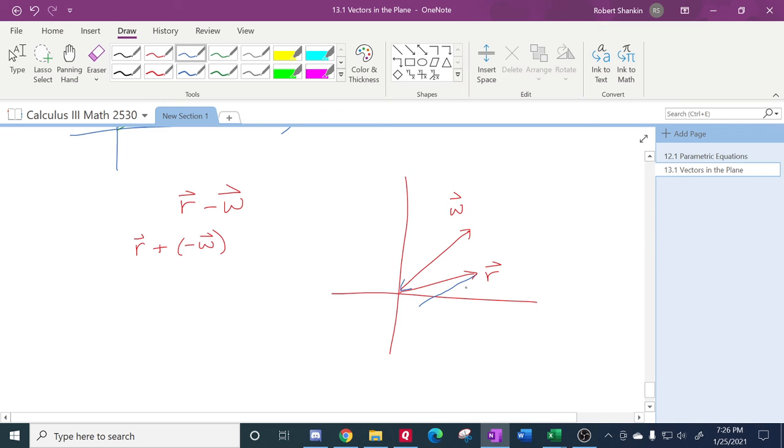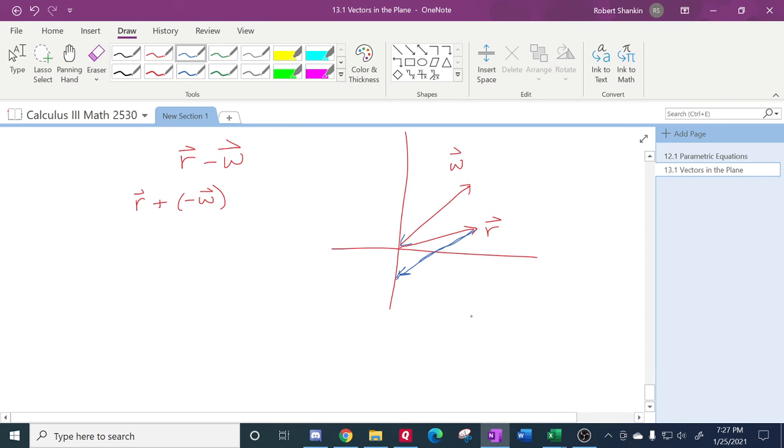So this should be parallel to that one. Same distance, kind of like this. Maybe I went a little bit too far. Go to about here maybe. And then, if that's the case, we take r plus negative w together, and then we get this.